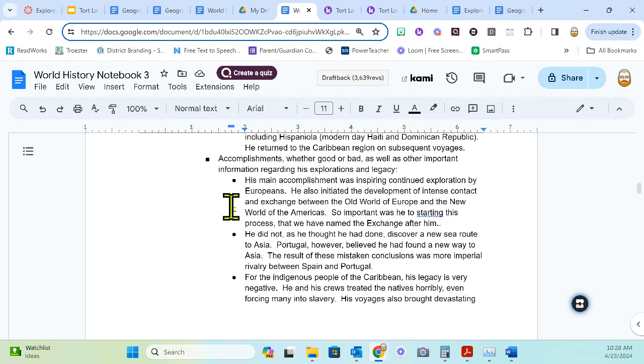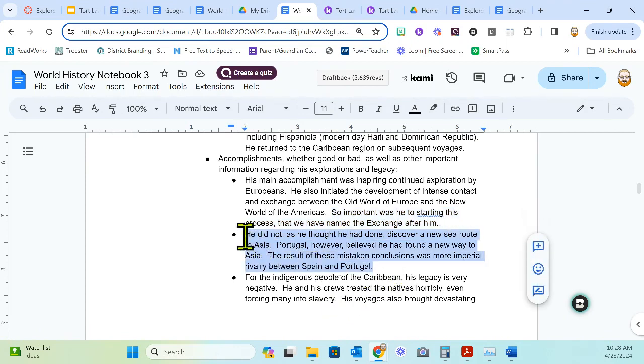We also know that the main thing he achieved was opening the door for other explorers, kicking off an exchange of important things between the old world of Europe and the new world of the Americas. And as an additional important clue here, that exchange of stuff is named after him. At this point, some of you probably already know who we're talking about.